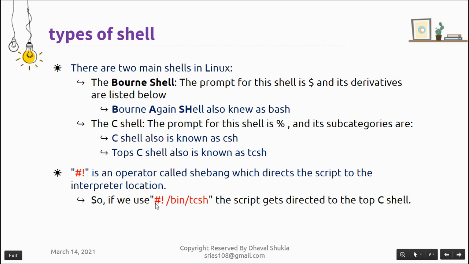So if we use hash bang forward slash bin forward slash tcsh, the script gets directed to the tcsh shell. It will check the command syntax in context to the tcsh flavor, which is sitting in this bin directory in the root location, isn't it?